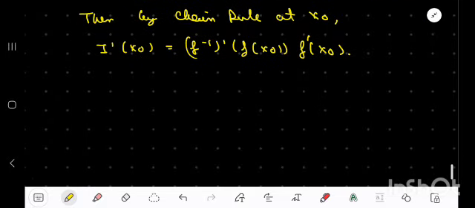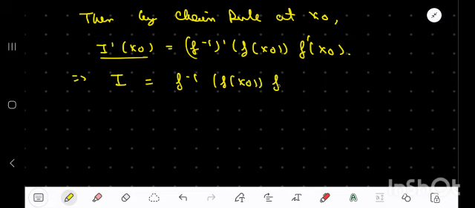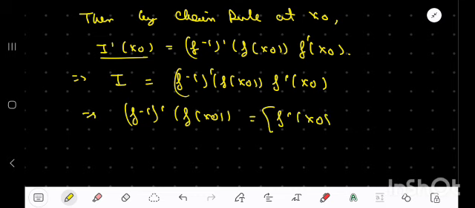Now the derivative of I is I itself. You can try to prove it on your own. So this is equal to f inverse prime at f of x naught composed with f prime at x naught, which implies that f inverse prime at f of x naught, I mean the linear transformation, is just f prime at x naught inverse. So once we have the inverse function theorem in hand, the structure of the derivative is clear.